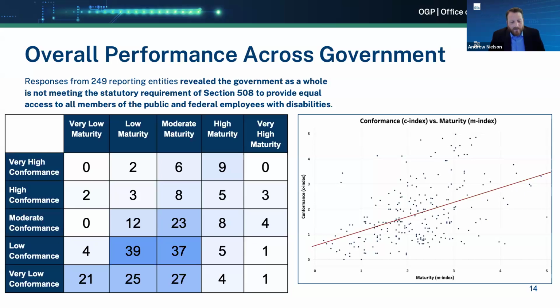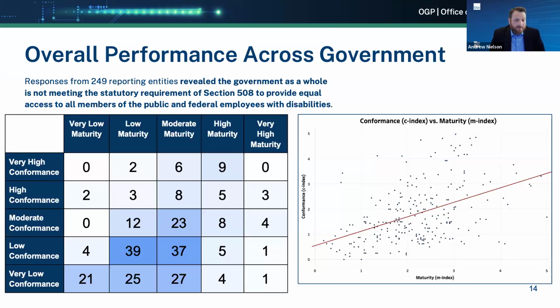And we asked a number of questions related to the implementation and the maturity of agencies' accessibility programs. So we asked agencies about the types of characteristics and behaviors that we think are indicative of mature implementation of accessibility programs.